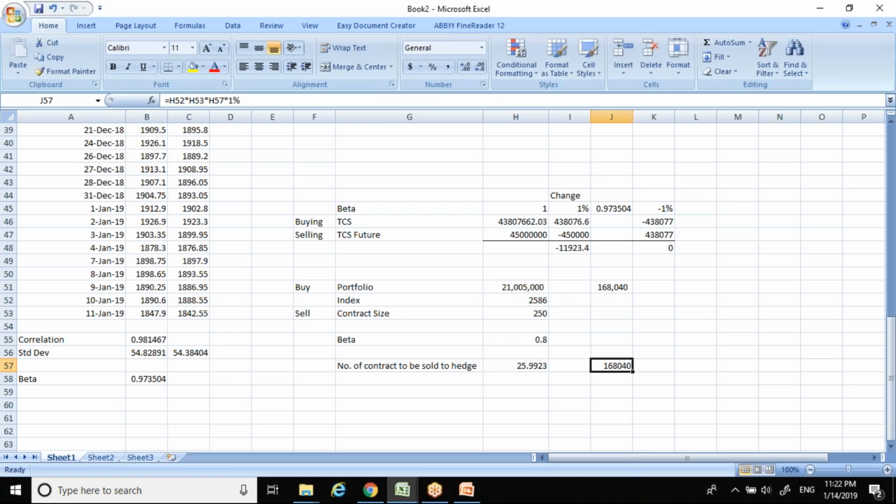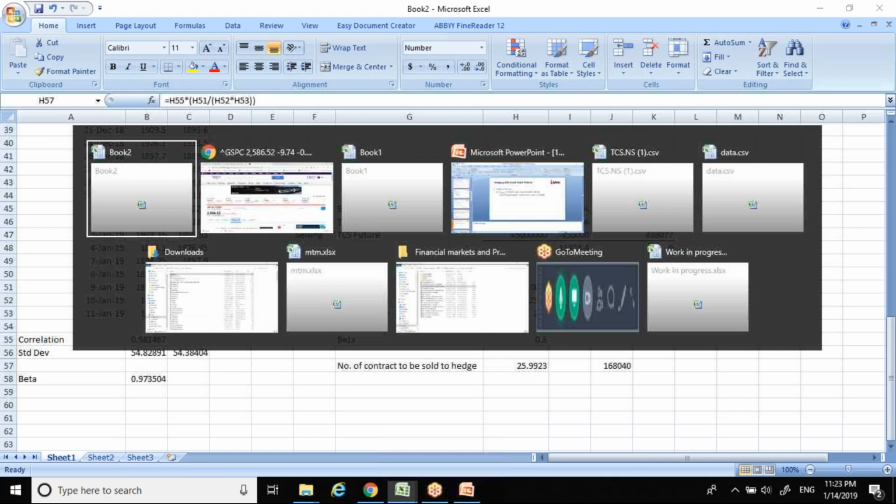Now we can see both are the same. So if the index changes by 1%, then the value will be this much. The portfolio will change by 0.8%. So we can see this is almost perfectly hedged, right? So this is about portfolio hedging.